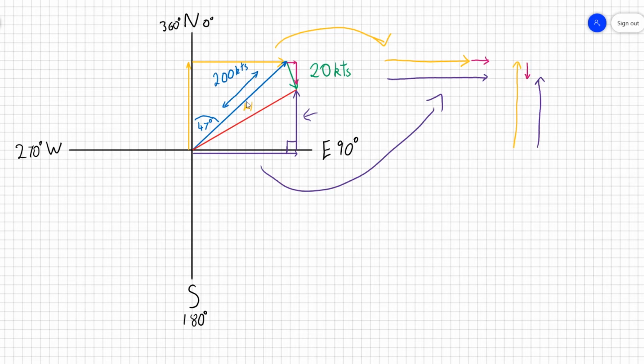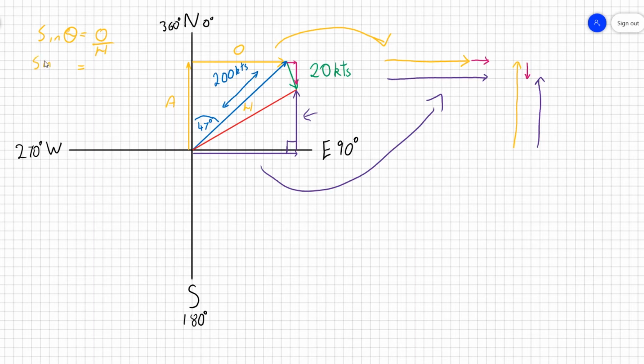So H is my hypotenuse. If that's the angle that I've got, so theta, that will be my adjacent. This will be my opposite. Okay. Sine theta equals opposite over hypotenuse. So essentially, I can plumb my values straight into there.